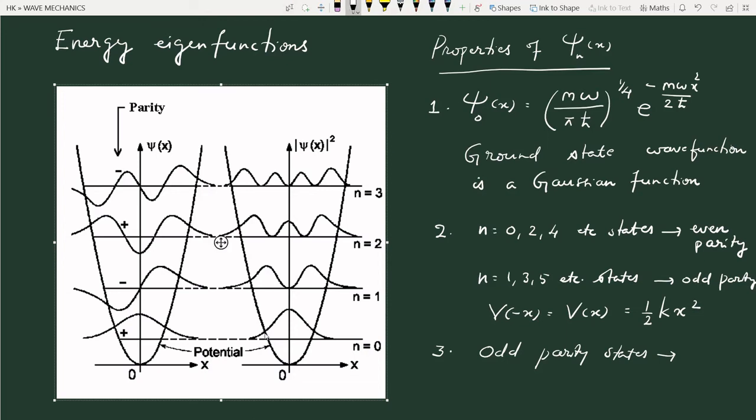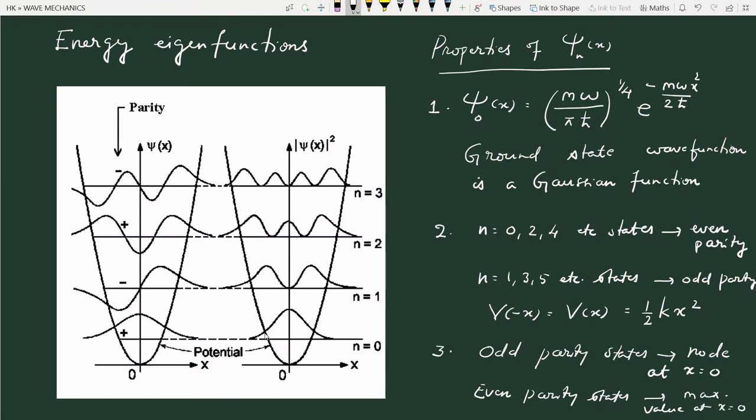In infinite potential well also we have seen this. So we have a node at x equal to 0, the mean position. And what about even parity states? For even parity states, we have an antinode, or there is a maximum value at x equal to 0.